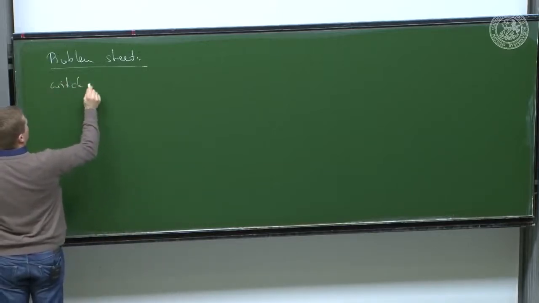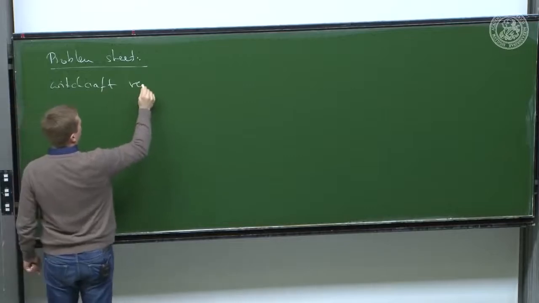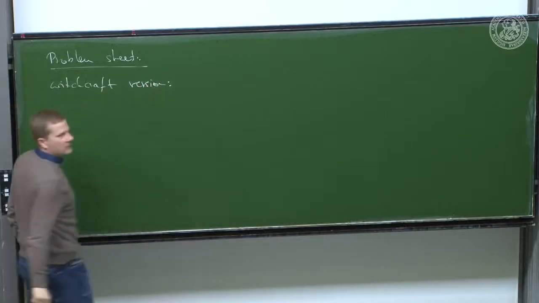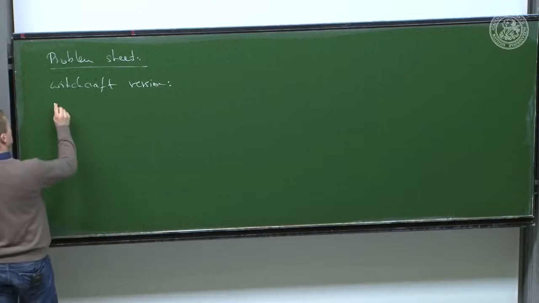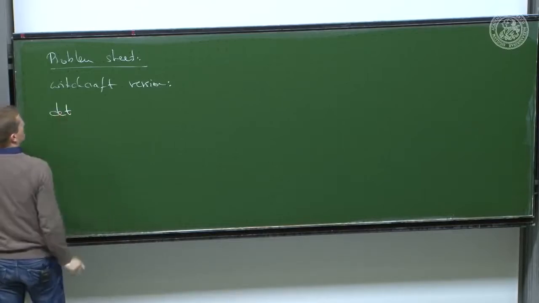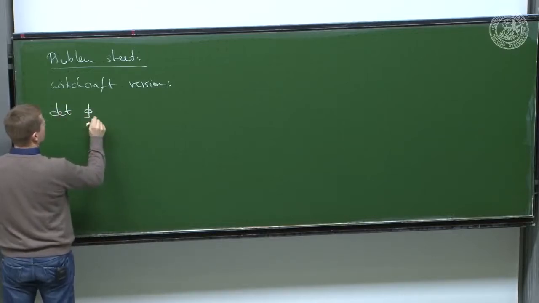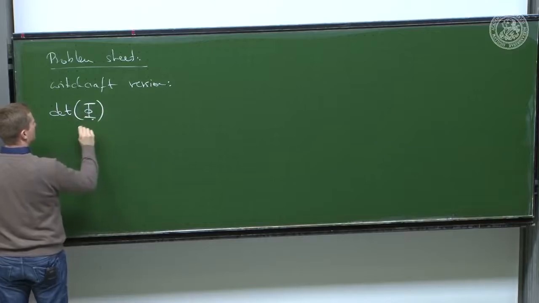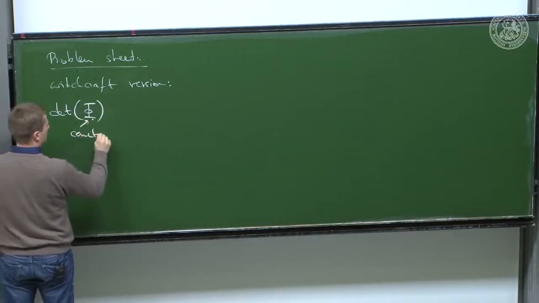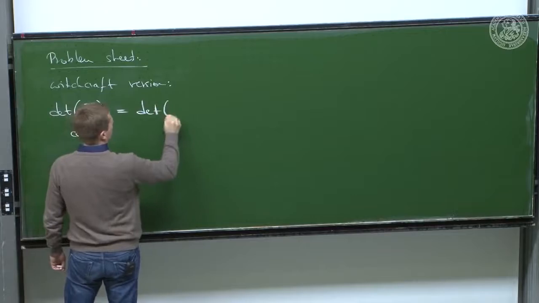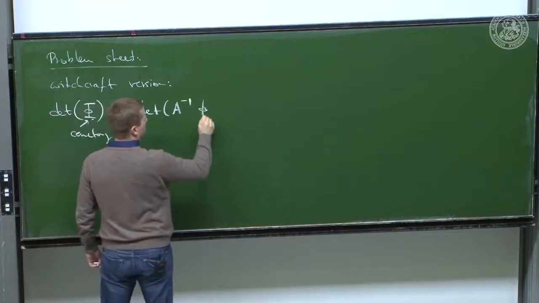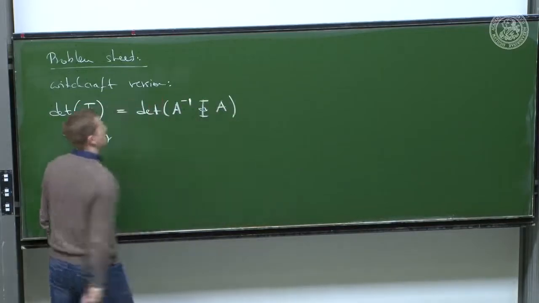So again, the witchcraft version, which we're trying to replace by a better version on the problem sheet. The witchcraft version is this, so we're only talking about matrices now. For an endomorphism, you have the representing matrix, and you know the rule for changing bases.